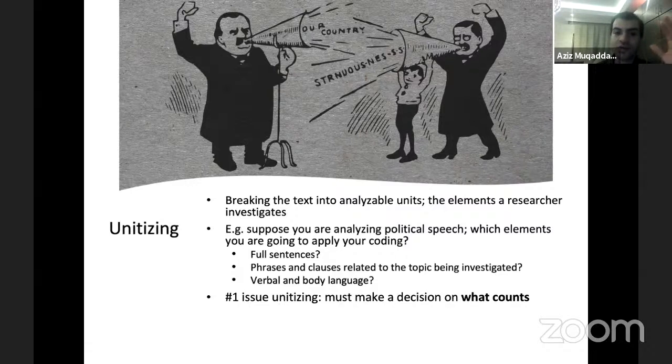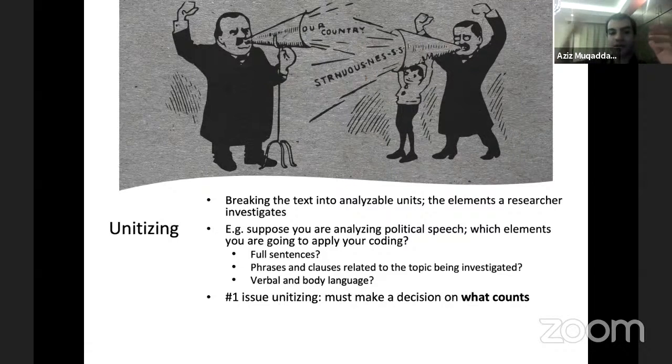Okay. So it's a decision that the researchers have to take, and then they justify why they took that decision. Another issue is also involved. In a political speech, which is not an article or an op-ed that a politician is writing, a speech has a verbal part and a visual part, or body language part.